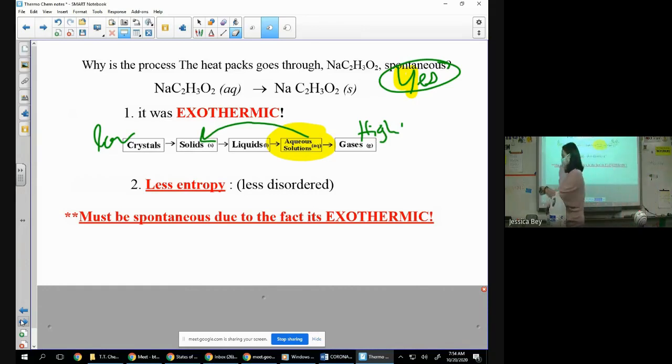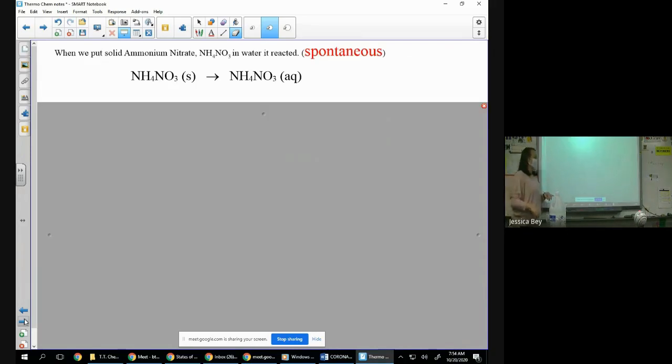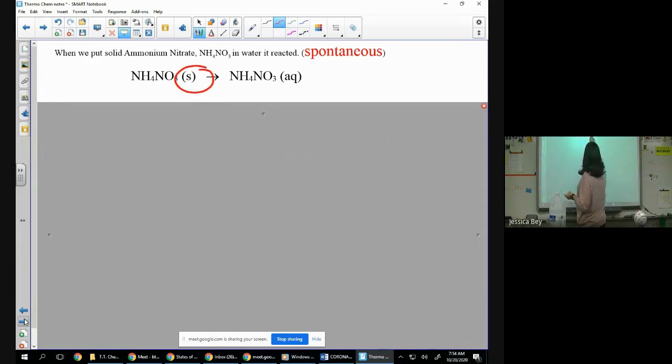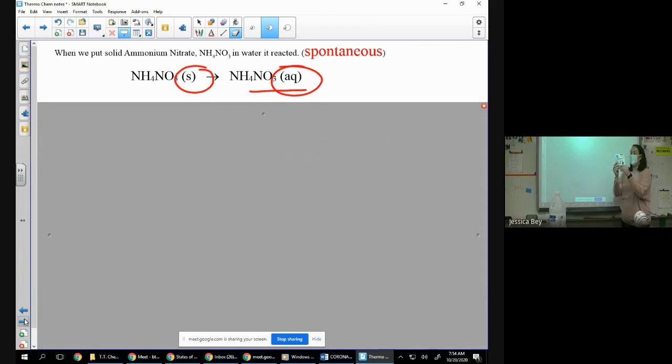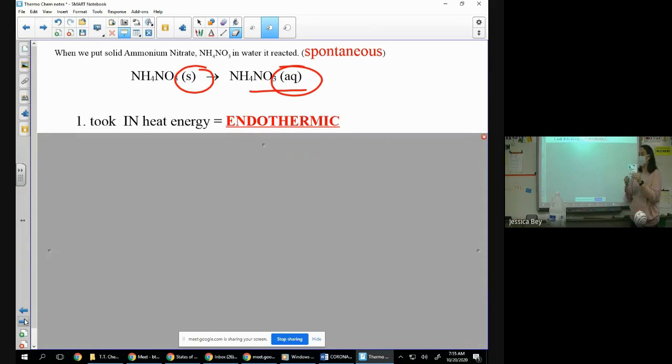Awesome. Let's try another example. I'm going to give you guys some time to do the practice worksheet and the post-lab questions. So this is the cold pack. You have ammonium nitrate, which is a solid, and then it goes into an aqueous solution. And if I were to take the temperature of this and it feels cold, that means it's taking energy into the product itself. So if it's taking energy into the product to cool down its surroundings, that means it is endothermic.